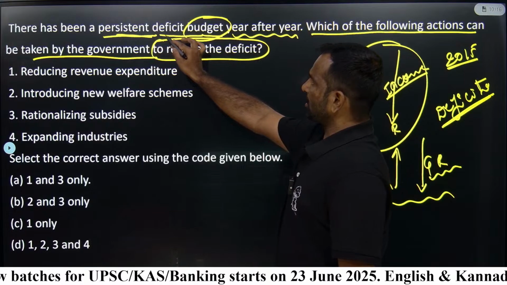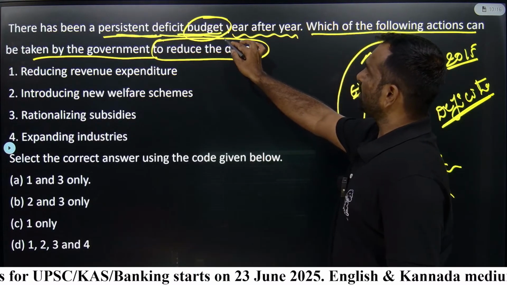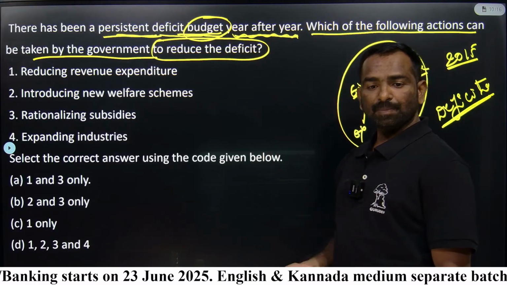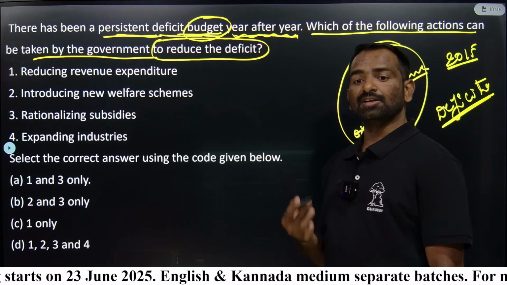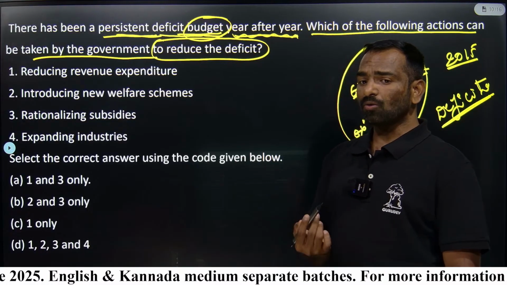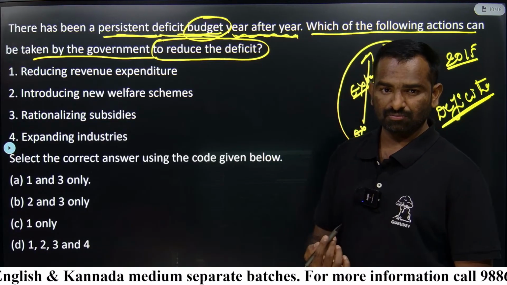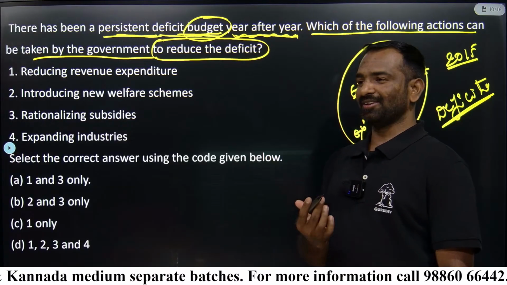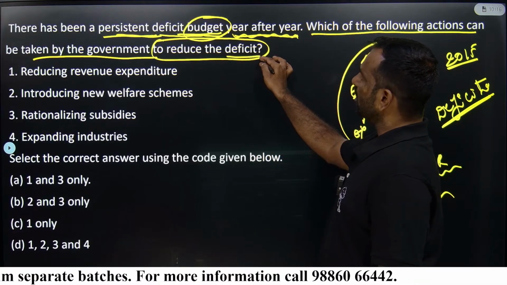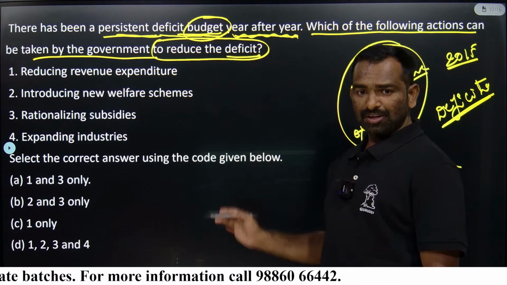The persistent, continuous deficit budget year after year means that every year the budget is presented in deficit, only deficit. If the government wants to reduce the deficit, it's not easy to eliminate, what steps should be taken by the government?